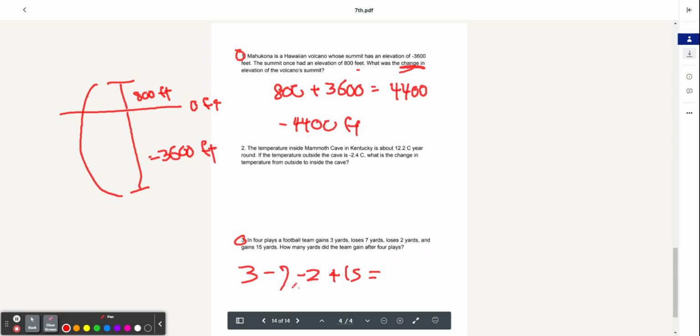So 3 minus 7 is negative 4. Negative 4 minus 2 is negative 6. That's the same as negative 4 plus negative 2. And now negative 6 plus 15 is the same thing as 15 minus 6, which is 9. So after 4 plays, the team gained 9 yards.